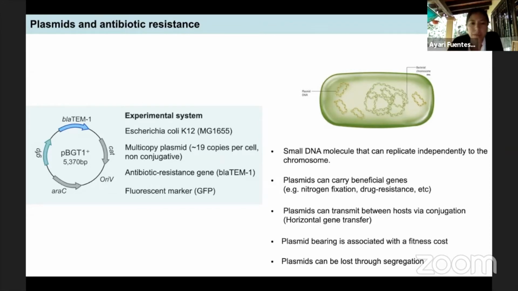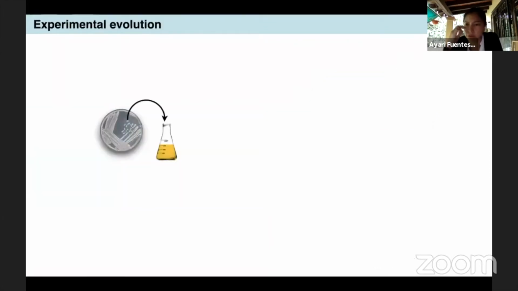And it's going to carry one antibiotic resistance gene, blaTEM-1, which is going to confer resistance to ampicillin in particular. And we are going to mark it with a fluorescence marker, GFP, so it's going to glow in green. And we are going to put this multi-copy plasmid system in an Escherichia coli K12 MG1655.